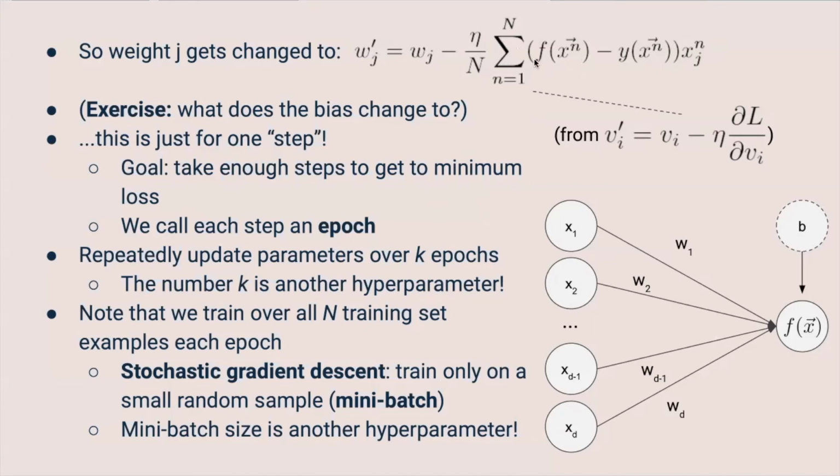Doing this is a variation of gradient descent called stochastic gradient descent, stochastic referring to the random sample that we draw to approximate the gradient here. That random sample is usually referred to as a mini batch. And the size of the mini batch can also be another hyperparameter that can have some effect on how well your model is training.